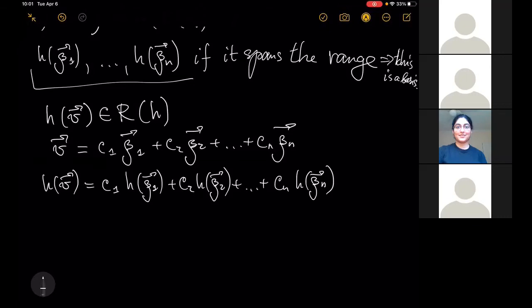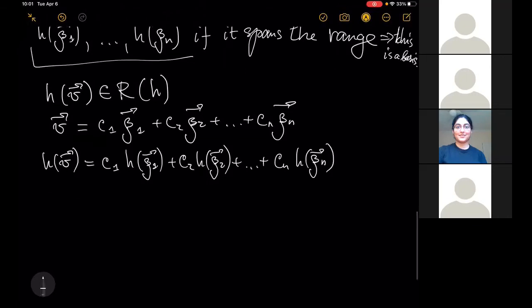You see, I started from an arbitrary vector from the range, and I have got that this vector is spanned by the images of the vectors of the basis.